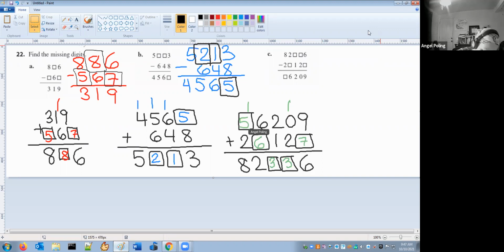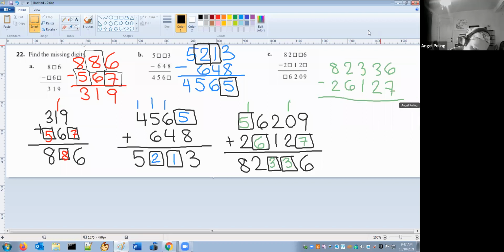Rewriting it, I'm going to write it a little lower so it's below my picture, but I have 8, 2, 3, 3, 6. Take away 2, 6, 1, 2, 7. That gives me the value. If I do the math myself, I get a 9, 0, 2, 6, 5.